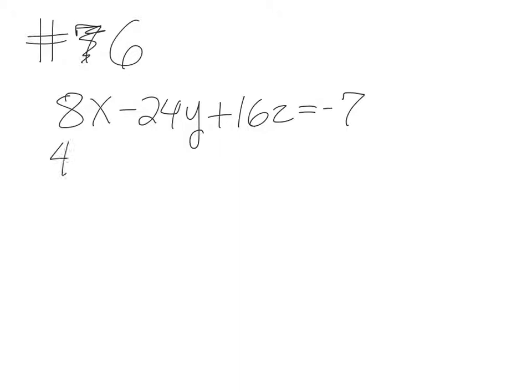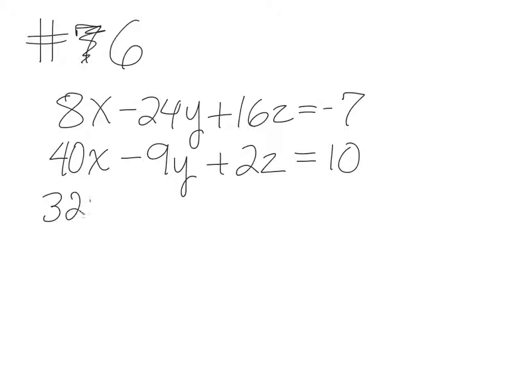And then 40x minus 9y plus 2z equals 10. And then 32x plus 8y minus z equals negative 2.